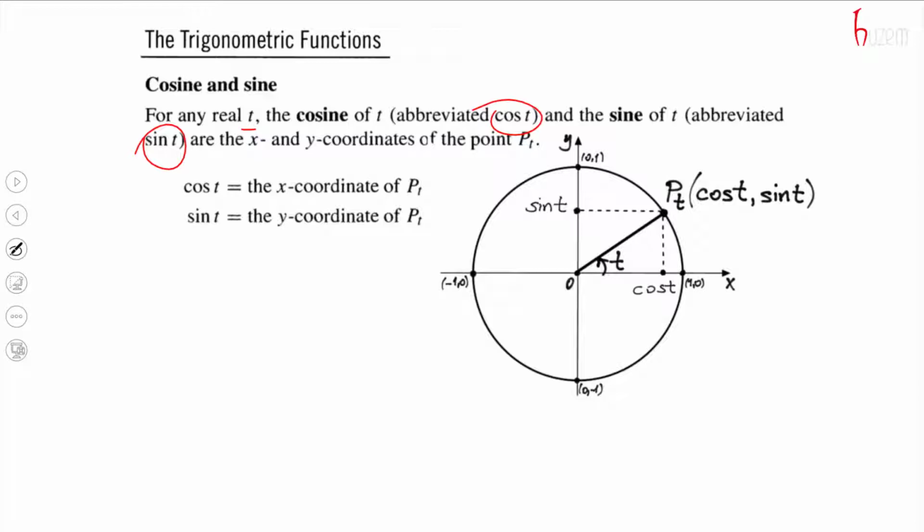So if you draw a line representing the angle, you will see it will intersect with the circle at some point, and we say the x coordinate of this point is the cosine value of this angle, and the y coordinate of that point will be our sine value.